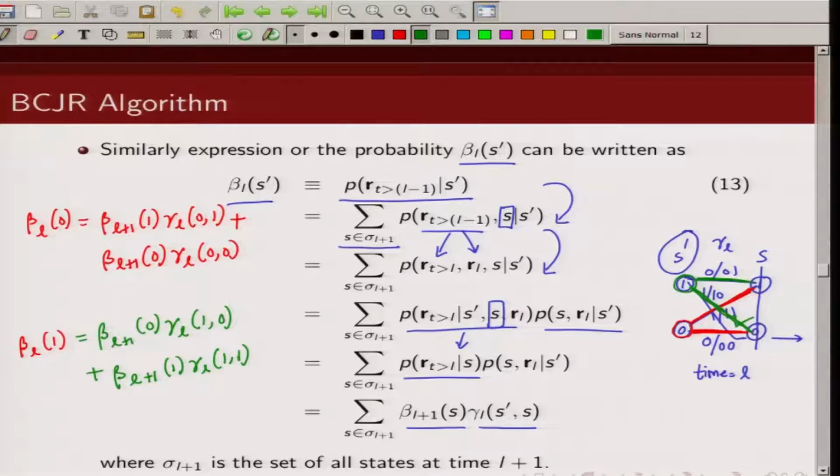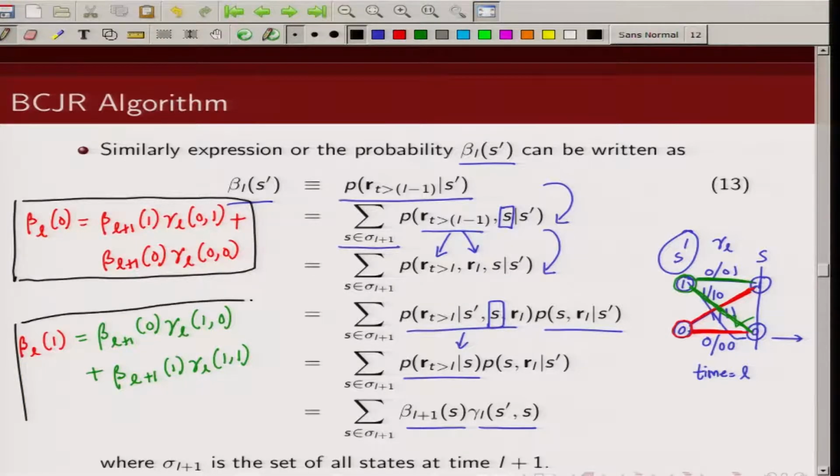As you can see, similar to alphas, which can be computed using forward recursion, betas can be computed using backward recursion. Then we would require the knowledge of beta at the end of the trellis. Now, how do we know the values of beta?